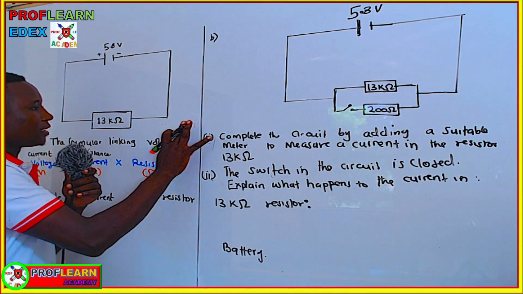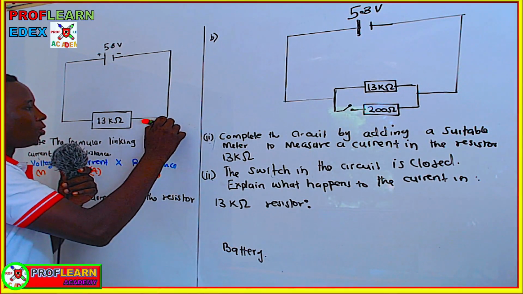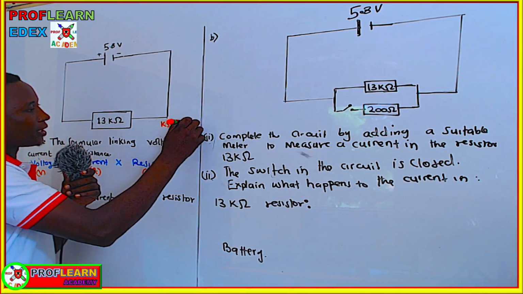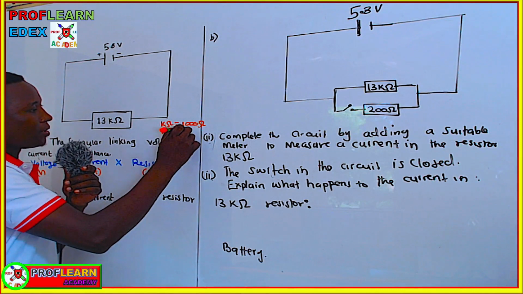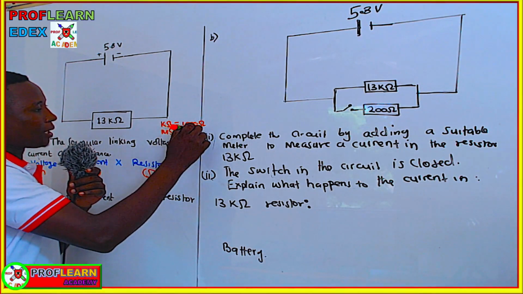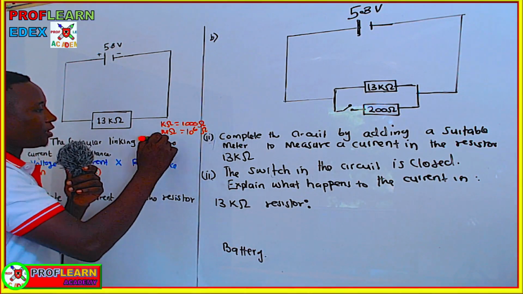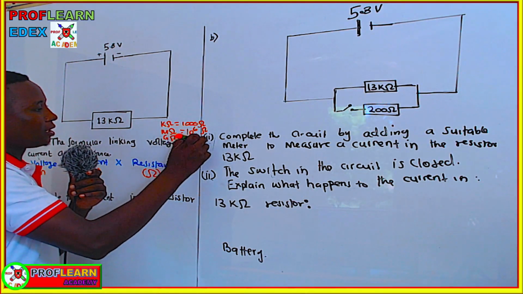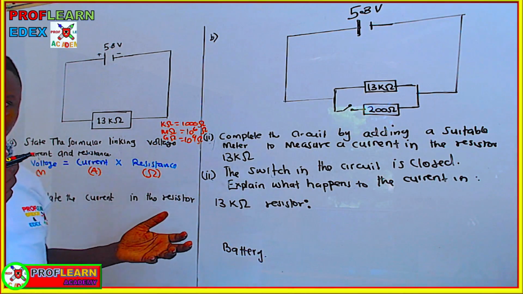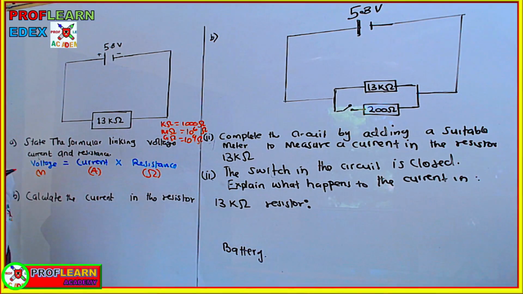So if you are given kilo ohms, it means 1,000 ohms. If you are given mega ohms, it means 10 raised to power 6 ohms. If you are given giga ohms, it means 10 raised to power 9 ohms. So these are some of the things that you need to be very, very careful with.